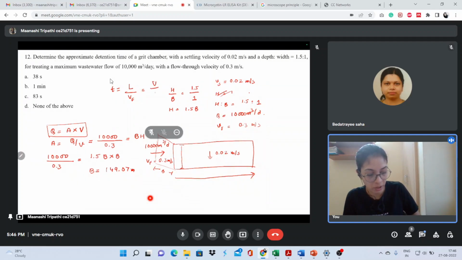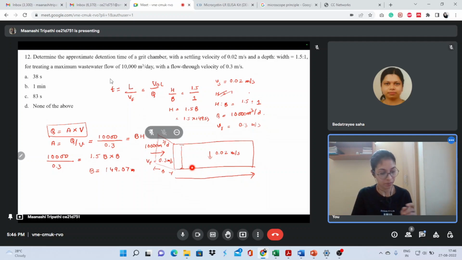For volume we need L, and for this equation we also need L. How do we find L?